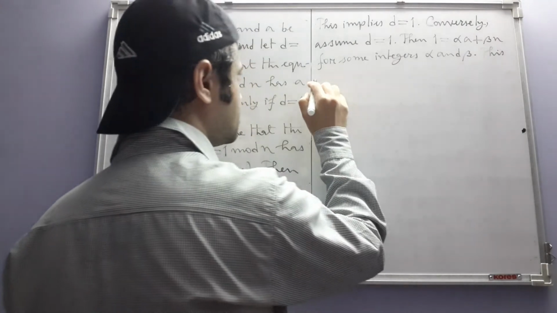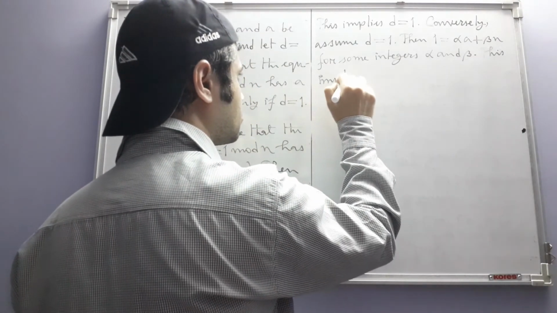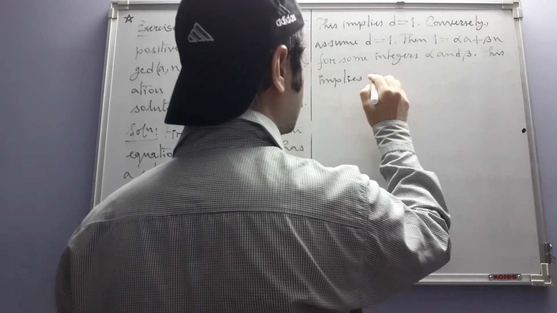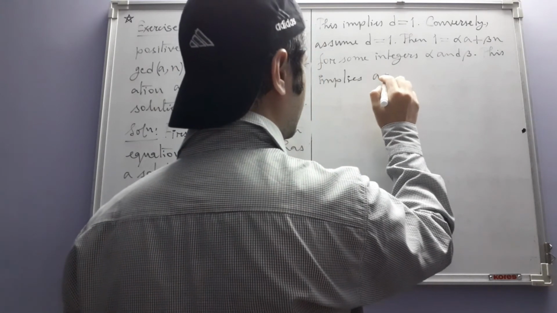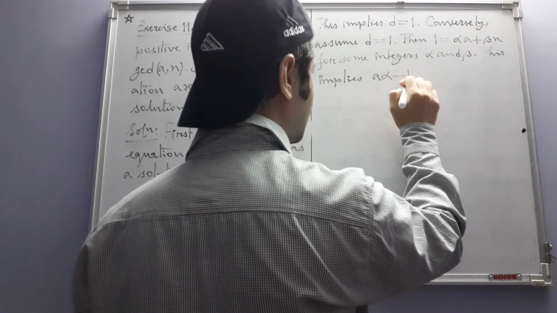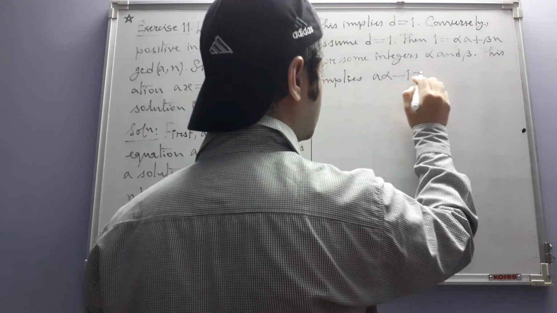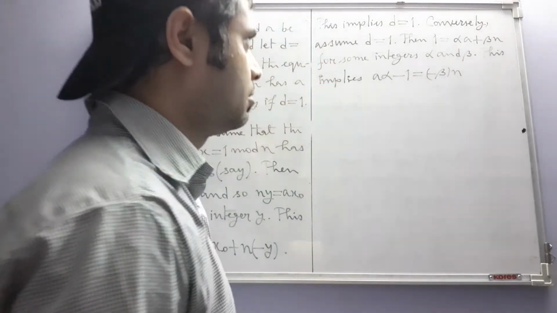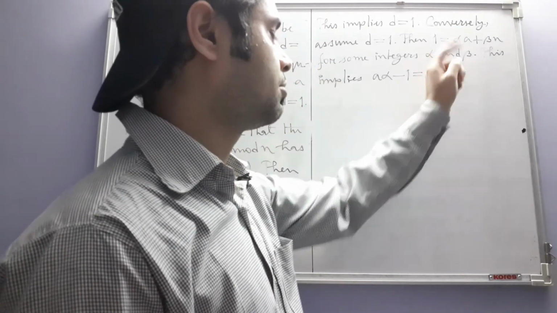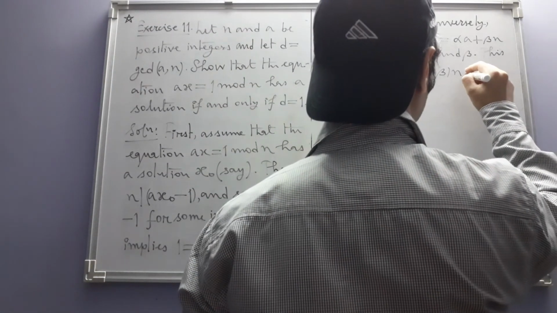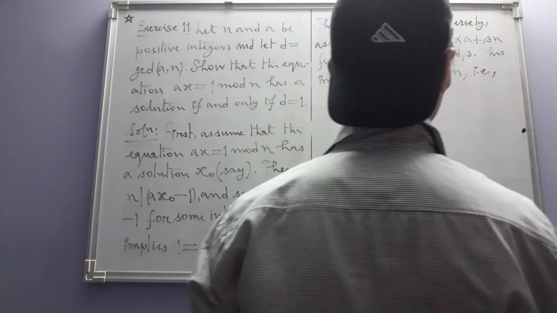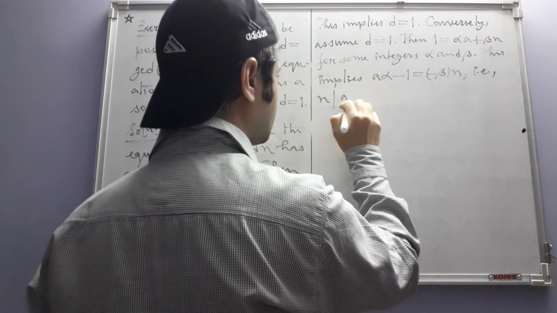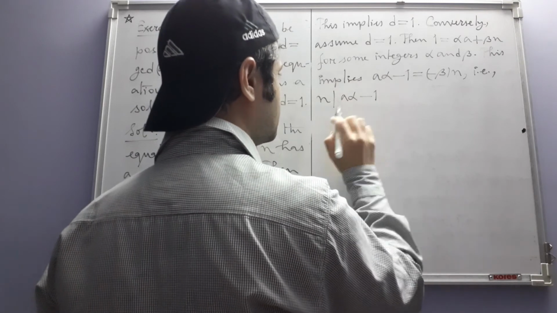This implies a alpha minus 1 is equal to minus beta times n. That is, n divides a alpha minus 1.